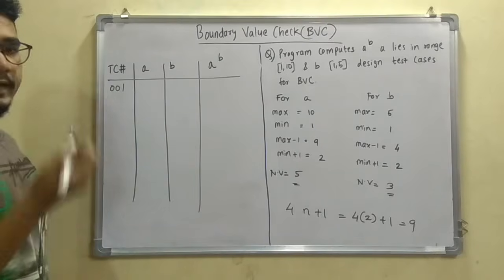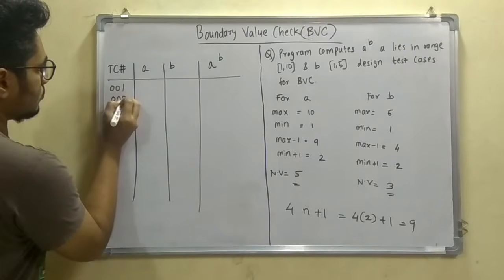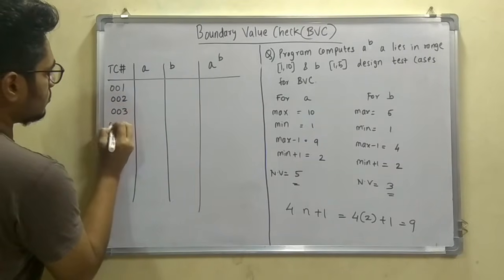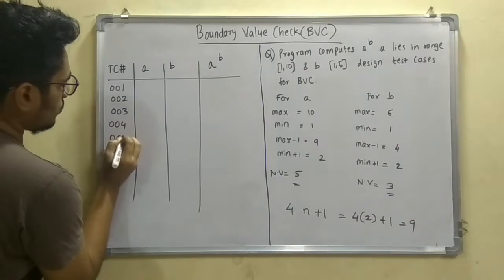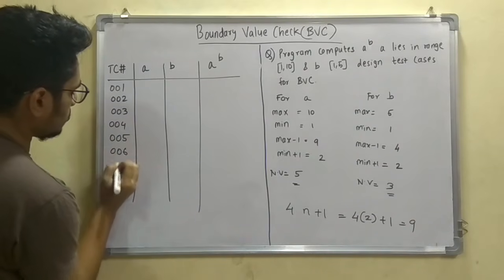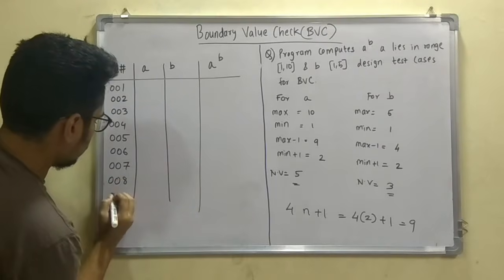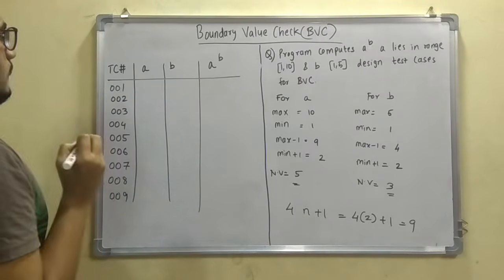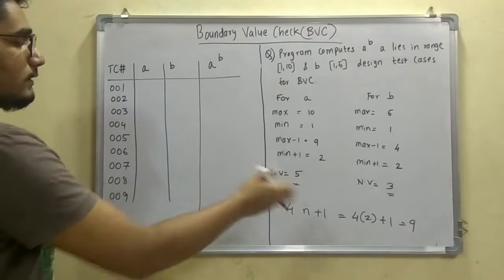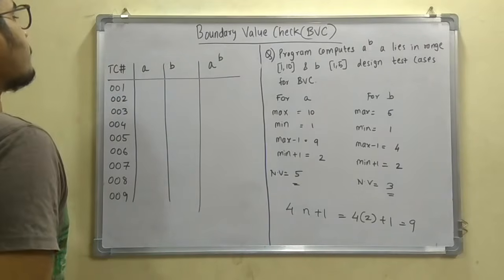So I write it in this manner: 001, 002, up to 009. That makes 9 test cases according to this formula given by the BVC.